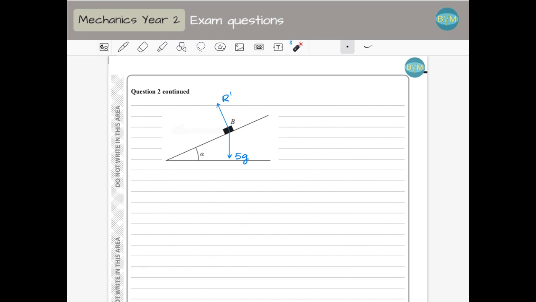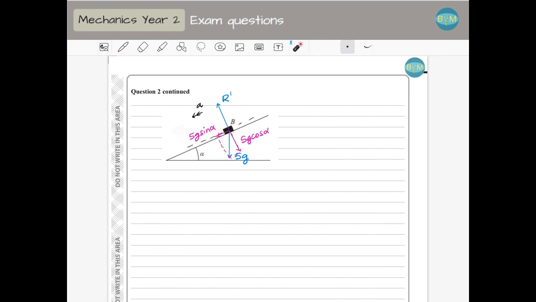What I have is the components of the weight in my two directions: 5g cos alpha, which is the same, and 5g sine alpha. And the whole block is moving down with an acceleration, and that's what I need to find.